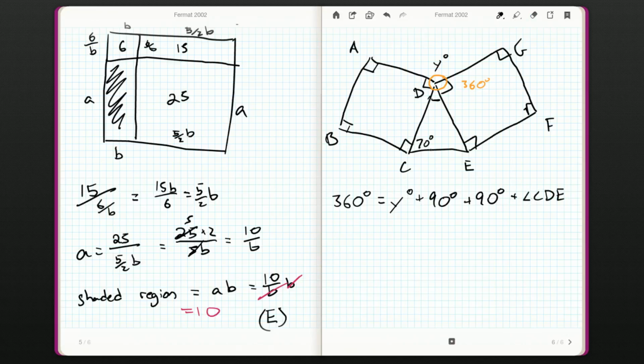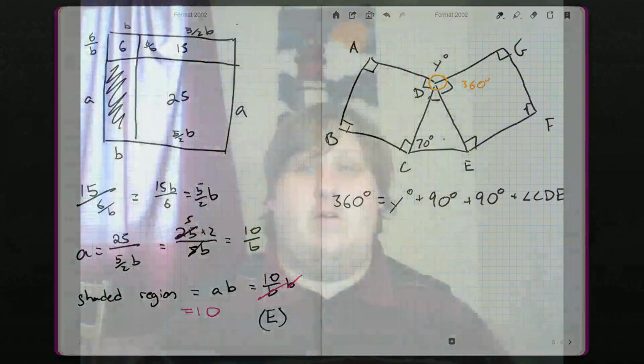Well, we've got this 70 down here, and there's one important fact that we haven't used. We've got these right angles here, but we didn't need to know that they were squares to get right angles. A rectangle would have done. So the fact that ABCD and DEFG are squares still has a little bit more information that we can squeeze out of it. The side lengths are equal. So CD, that length, is going to be equal to DE, and so CDE is an isosceles triangle.